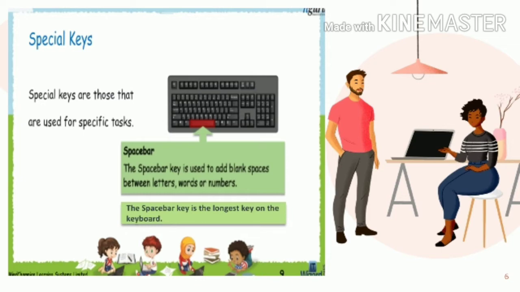space bar key. The space bar key is used to add blank space between letters, words or numbers. The space bar key is the longest key on the keyboard. So this is a space bar key. Students, let's learn some more examples.